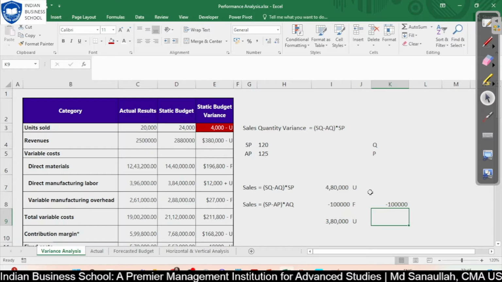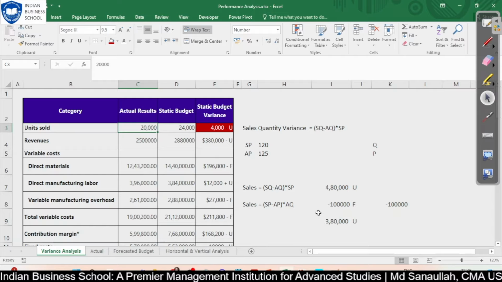So we got 1 lakh as a negative. What they are trying to say is our selling price was 120 and we sold at 125 rupees per product, which is very good. So we are getting a benefit of 5 rupees per product. And how many products have we sold? We have sold 20,000 products. So 5 into 20,000, 1 lakh, we have gained by selling at a higher price.